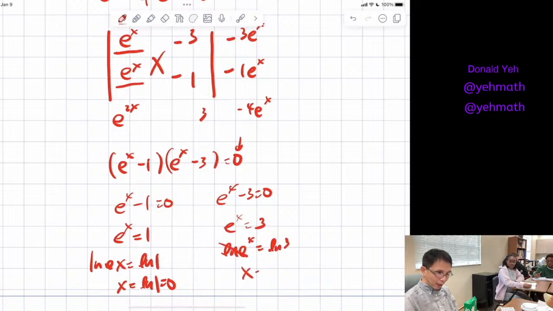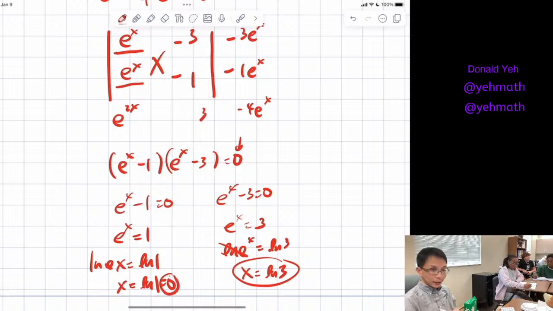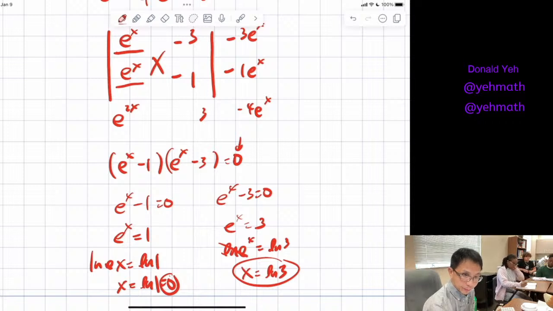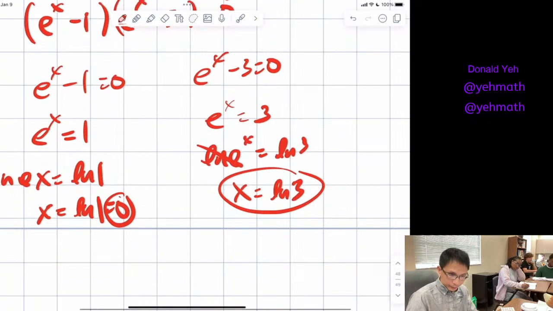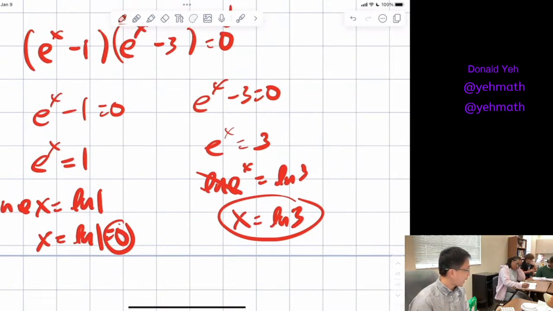The ln and e will just cancel out, x equal to ln 3. There are two answers. Does that make sense? You can factor.